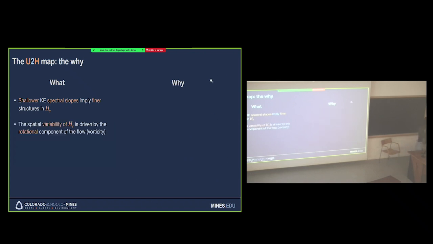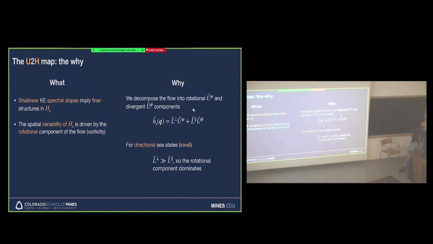And then the next thing that we're claiming is that the variability of HS is driven by the rotational component of the flow. And why is that? Well, we can take our velocities and decompose them into a rotational component associated with a stream function and a divergent component that came from a velocity potential. And then we can also decompose our operator.